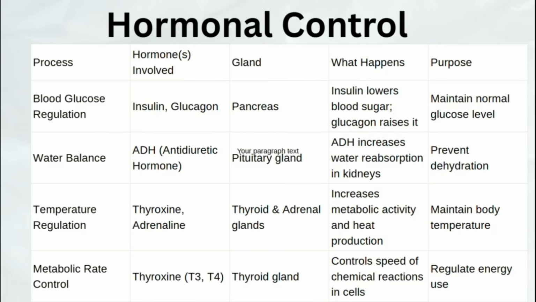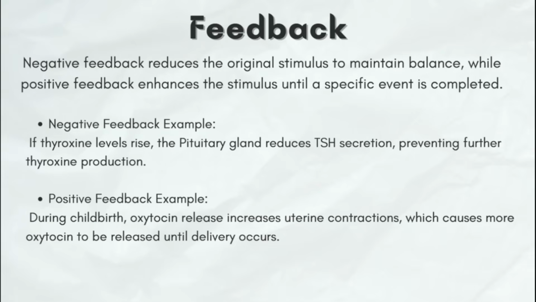Then you have the metabolic rate. You have thyroxine, which is produced by the thyroid gland, and it controls the speed of chemical reactions in the cell, regulating the energy use overall.